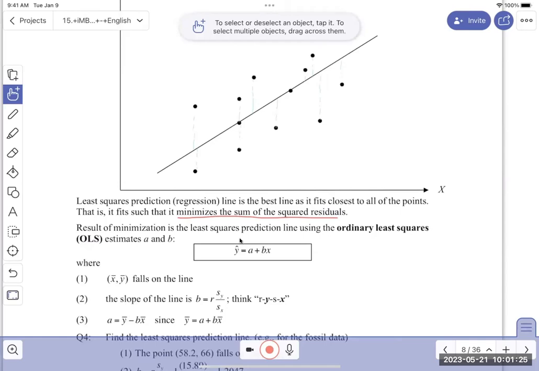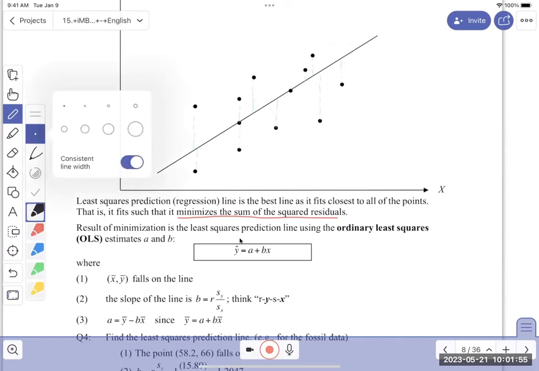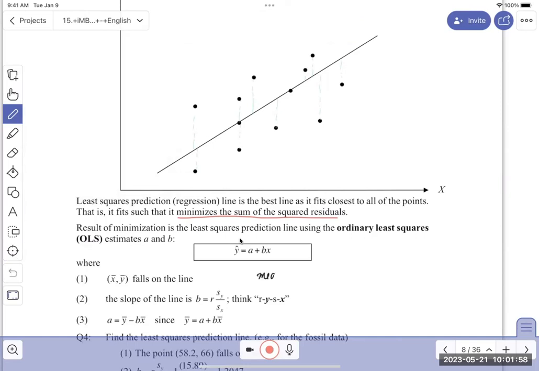First, because this line fits closest to all the points in both directions, it's going to cross through the position in each direction that is closest to all the values for X and all the values for Y. Because the mean is the center of gravity, it's the balancing point.